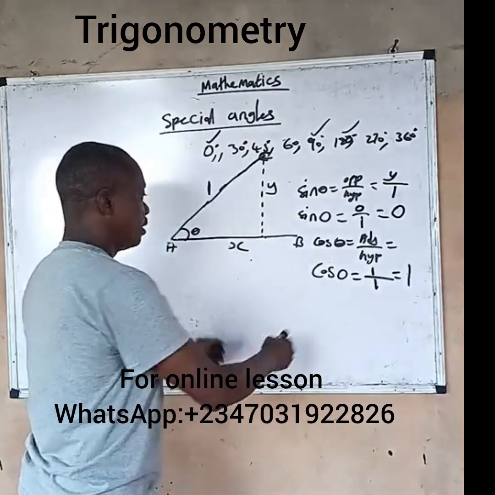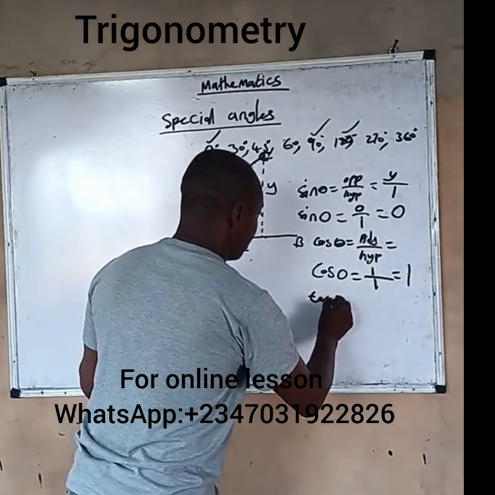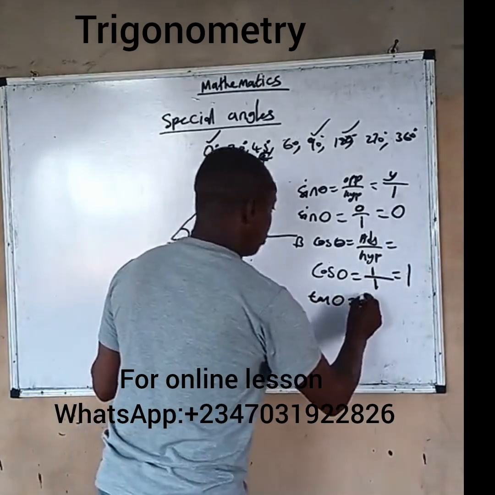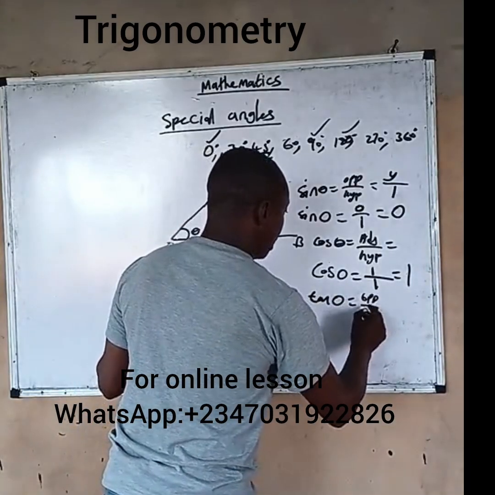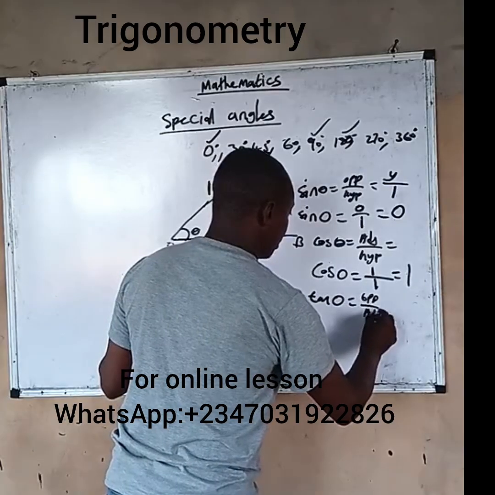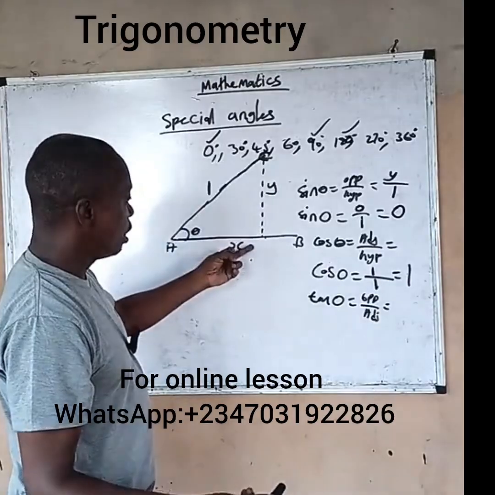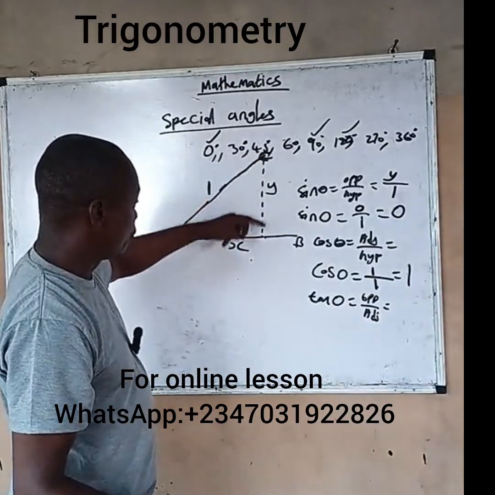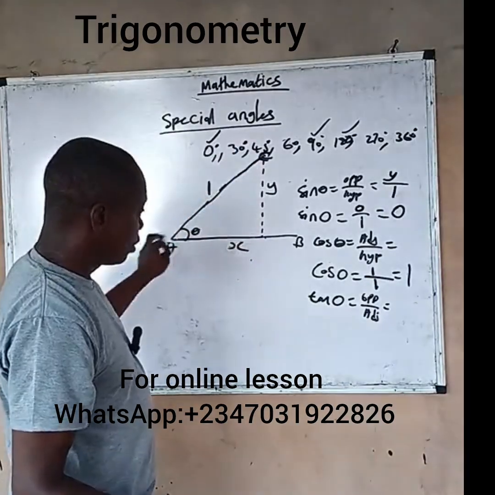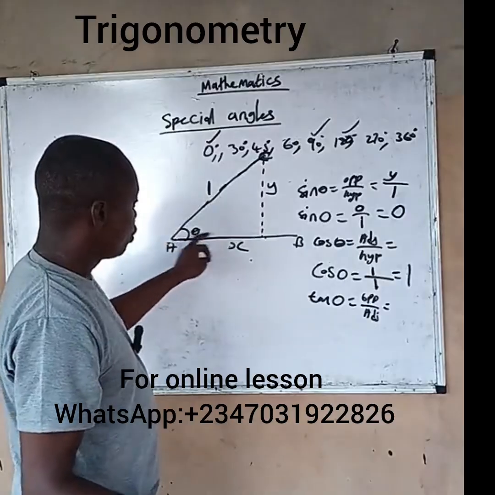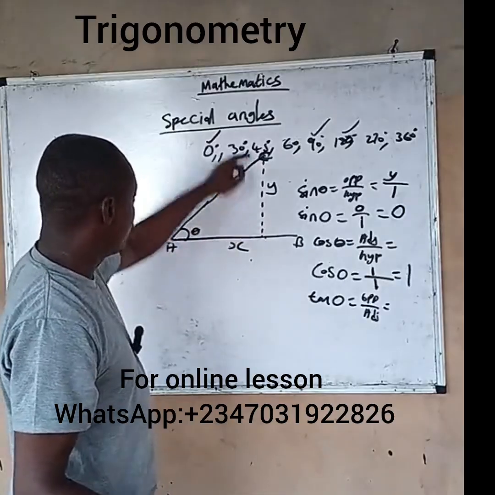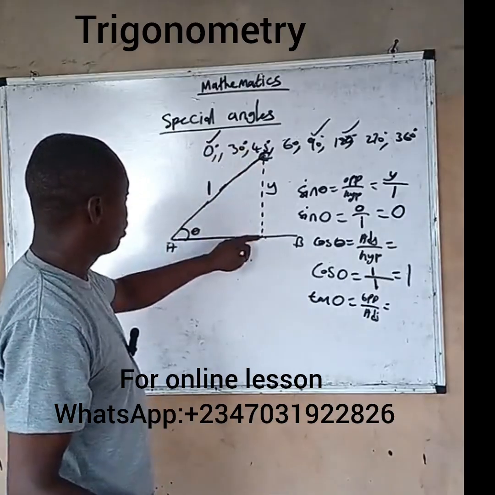All right, then let's talk about tan 0. Remember, tan is opposite over adjacent. Your AC is on this line, so the y component, which is the opposite, is still 0, and your x component is 1, because the adjacent is on this place here.